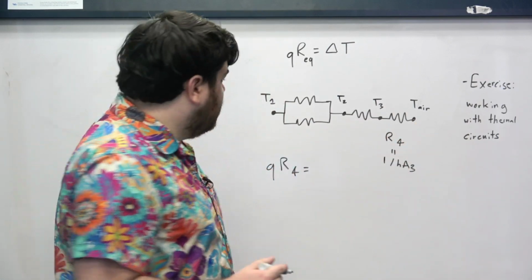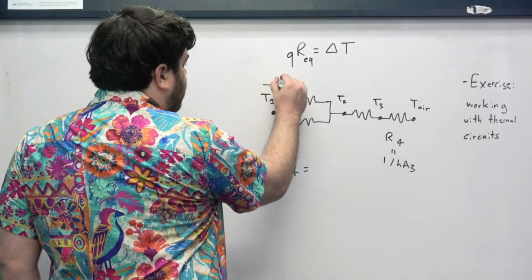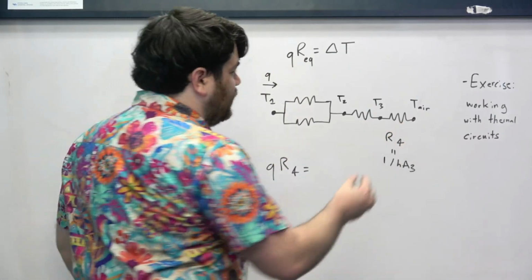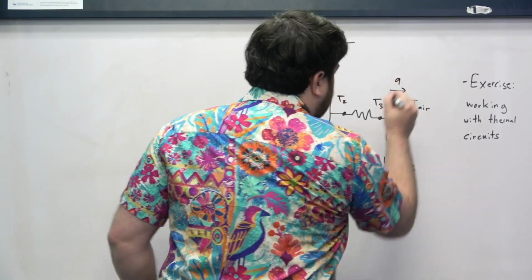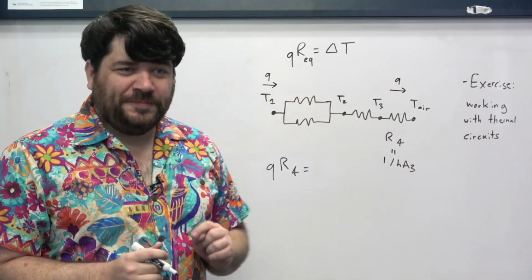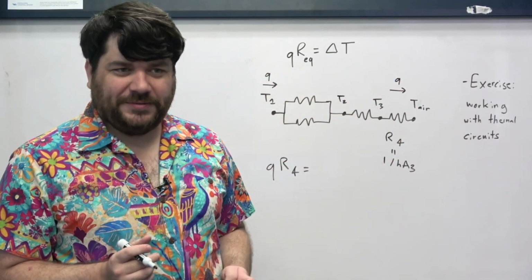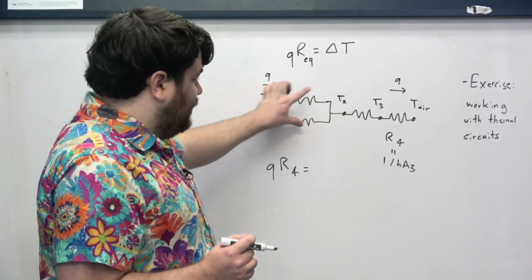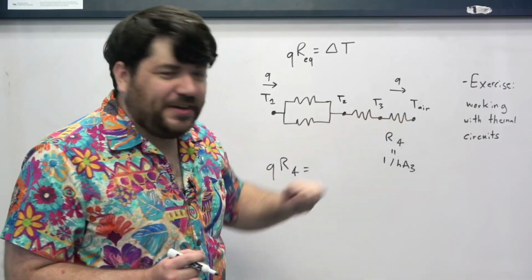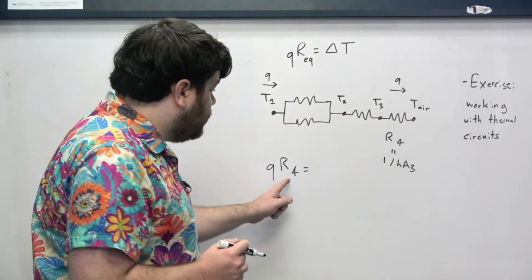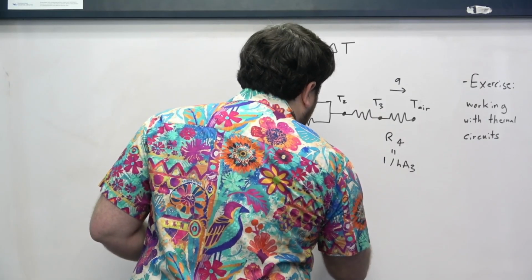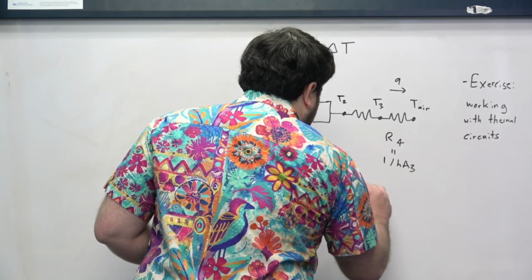Now we had assumed, right, that there was a Q that was going left to right. That shouldn't be changing as we hit this little branch. So we also expect there to be a left to right Q, the same Q, because heat transfer rates in the system are conserved, at least after they split up and then come back, right? So Q times R4 is equal to the temperature difference, T3 minus T air.